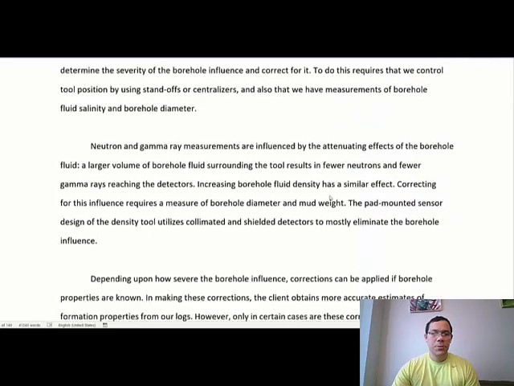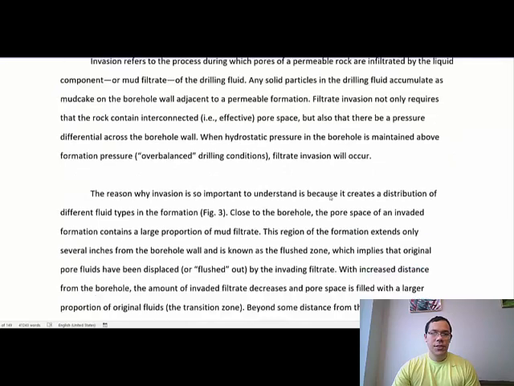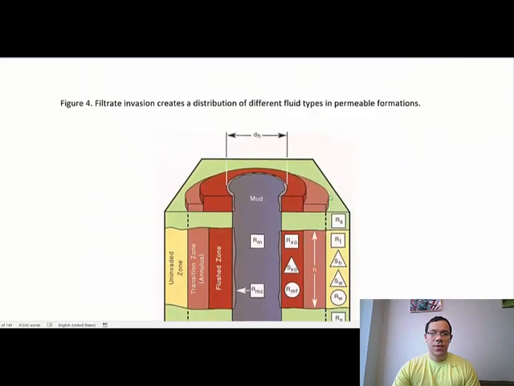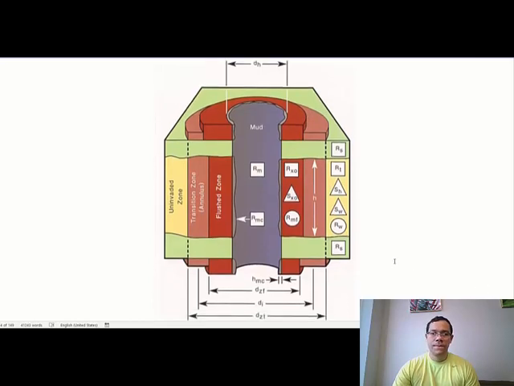Regarding the borehole influence, the filtrate invasion, I would like to go straight to this graph. You should definitely get familiar with this graph. Once you drill a hole, you consider three zones: the flushed zone, the transition zone, and the uninvaded zone. What is that? In the flushed zone, if the formation is permeable, the drilling fluids are going to enter and mix with the original formation fluid.